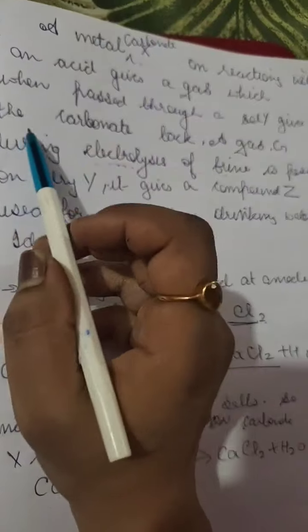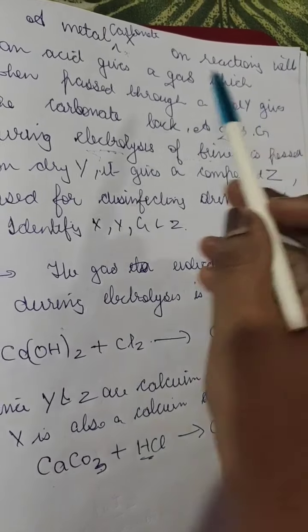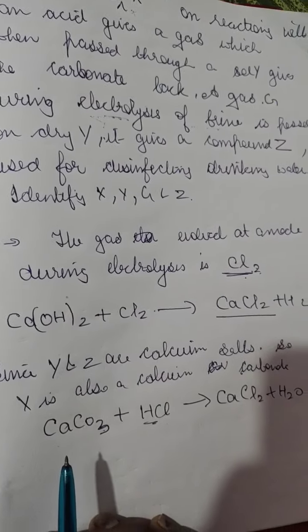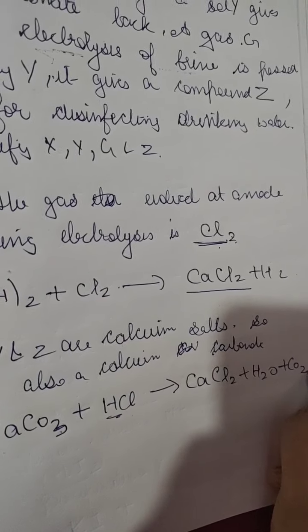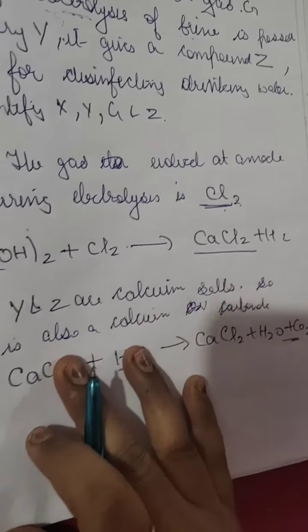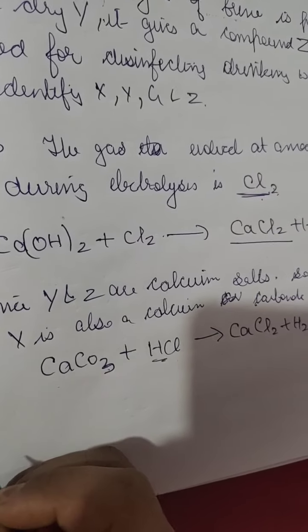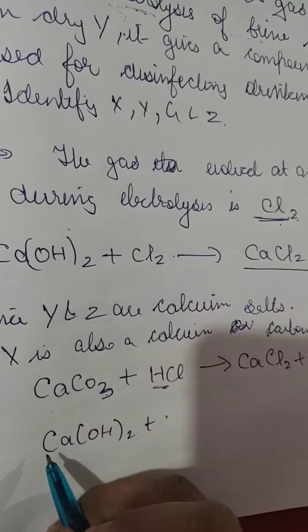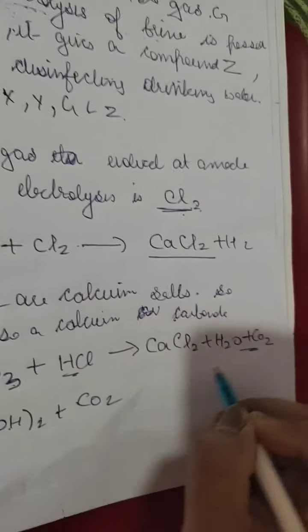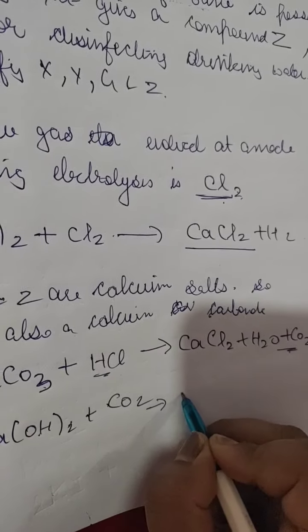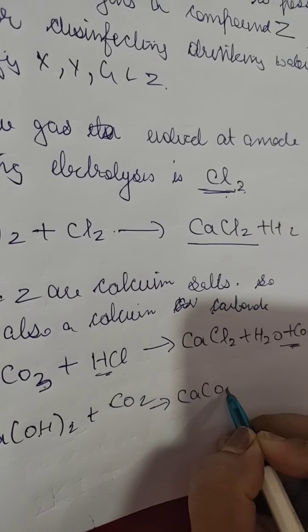So when a metal carbonate reacts with an acid, a gas is produced. Along with that, CO2 gas is produced. Okay, that is CO2 gas. The next is when calcium hydroxide is passed through this gas, then we get the carbonate back.